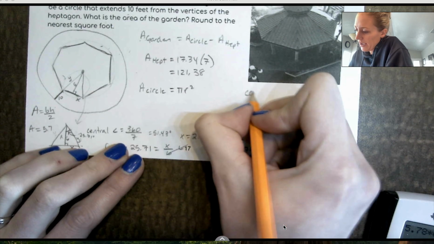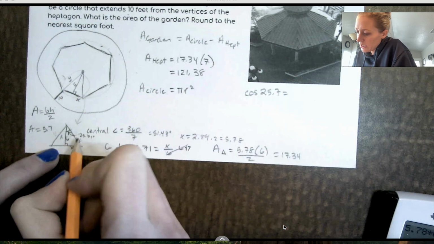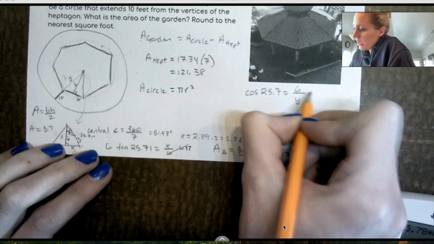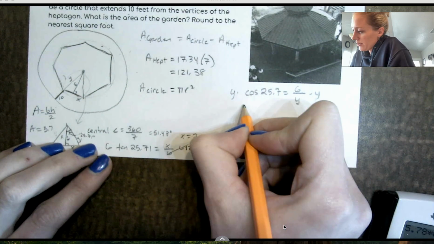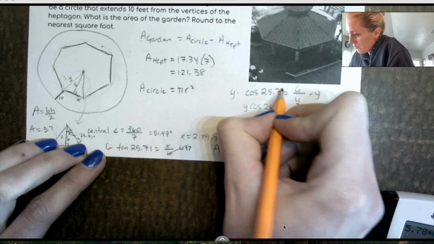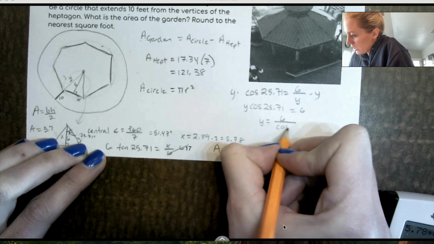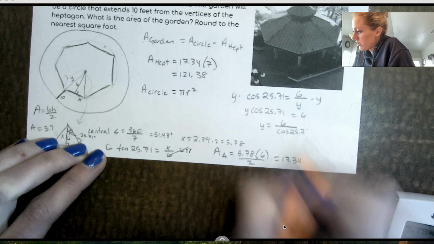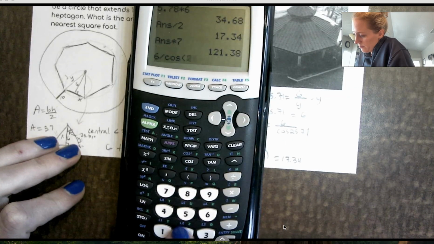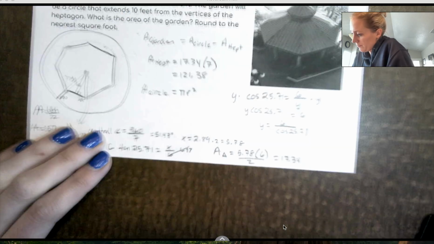So I'm going to do cosine of 25.71 equals adjacent, which is 6, over the hypotenuse, which I don't know. So again, I've got to get y out of the fraction and then divide. So we're going to get 6 divided by cosine 25.71, which is 6.66.